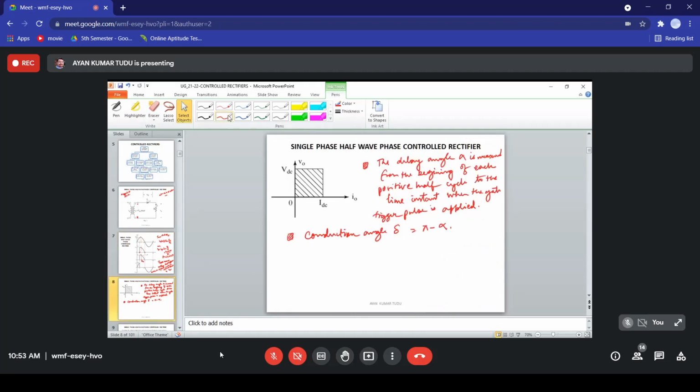So one thing is clear, that the maximum conduction angle is pi radians when the delay angle alpha is equal to 0.